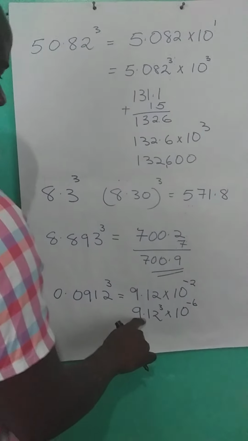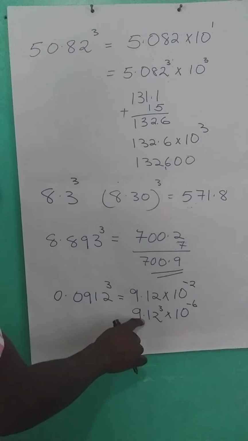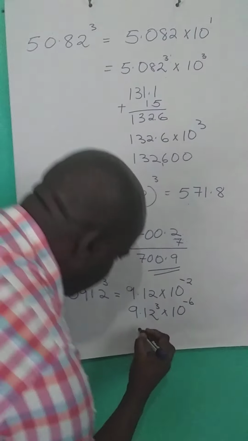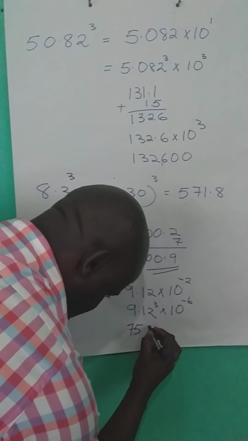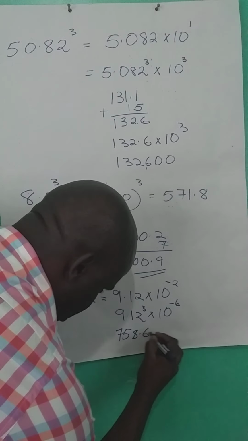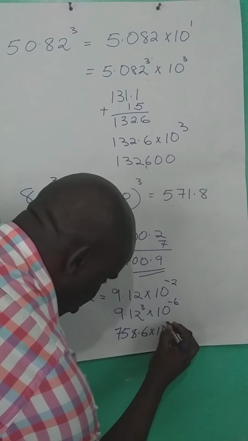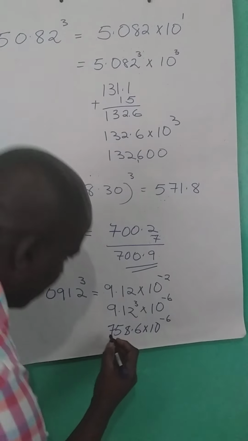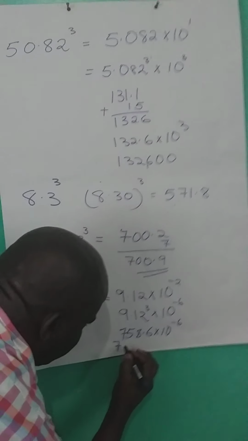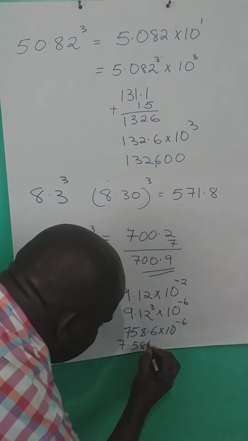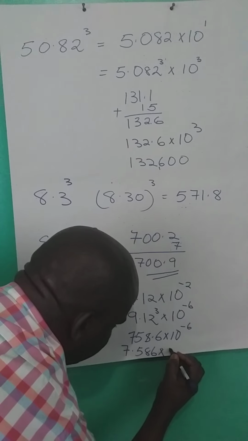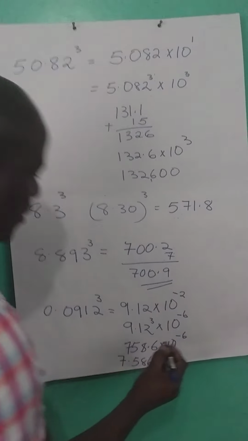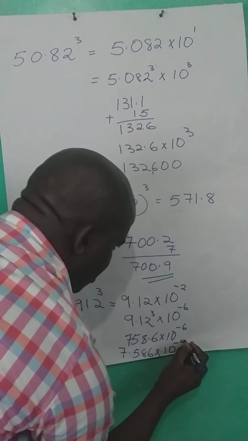From our table, 9.12 raised to power 3, we will get 758.6 times 10 raised to power negative 6, and the answer will be 7.586 times 10 raised to power negative 4.